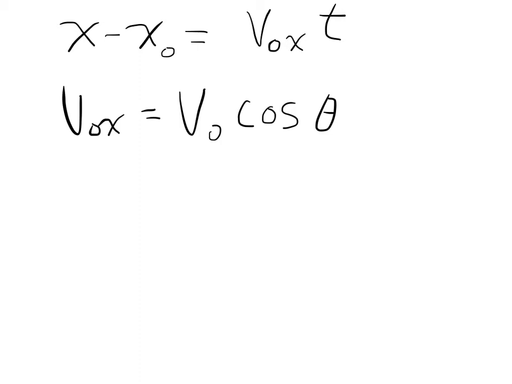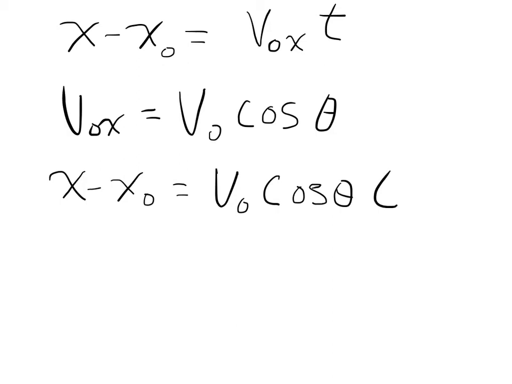Okay. So if that's true, then I rewrite this like this. X minus x naught is equal to v naught cosine theta t, or vt cosine theta if you want to write it that way as well. So what does that tell me? What physical quantity does this give me, guys?